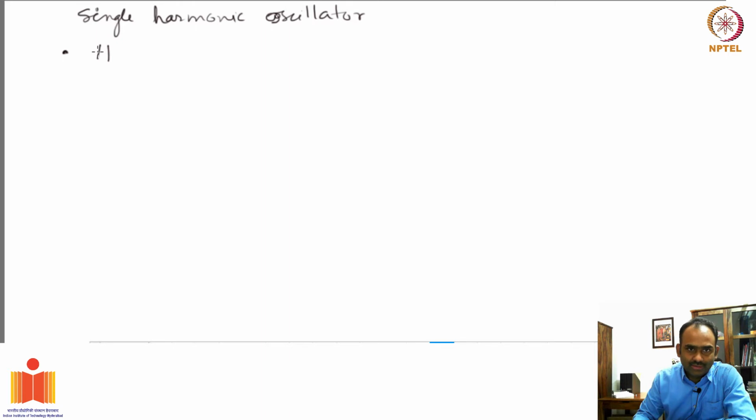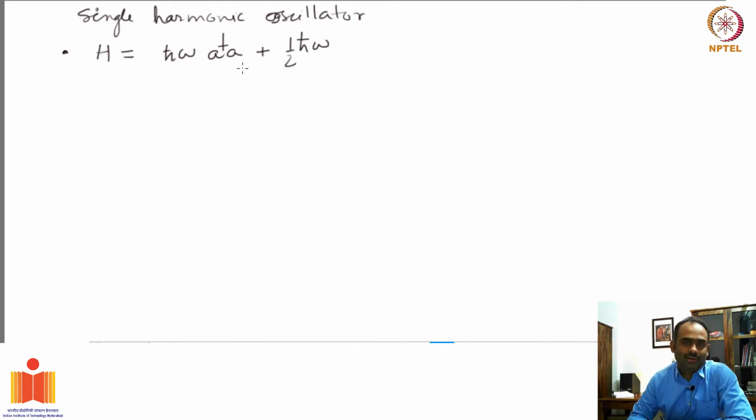So you know that for a simple harmonic oscillator, the Hamiltonian is h bar omega a dagger a, okay, plus half h bar omega. Okay, that's the Hamiltonian for the harmonic oscillator. So right now I'm looking at one harmonic oscillator.